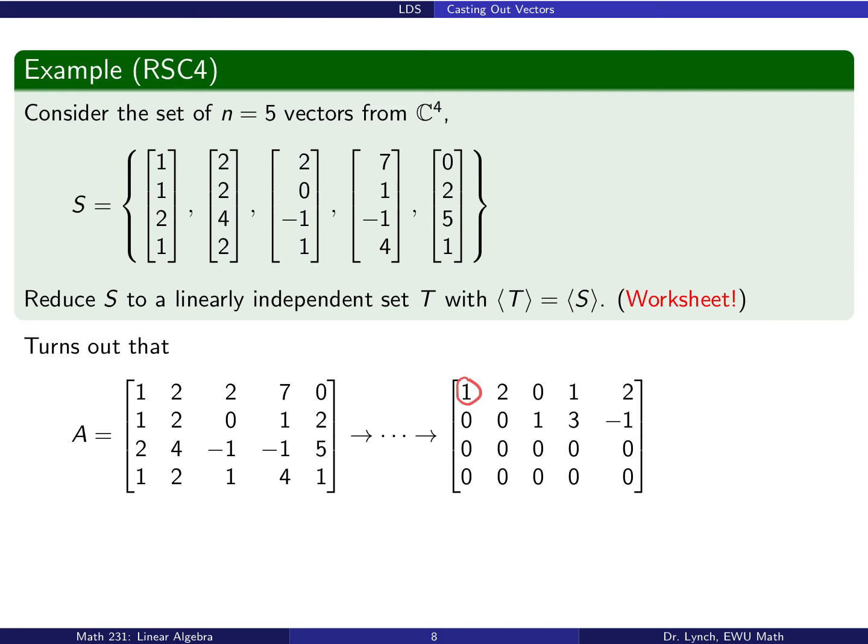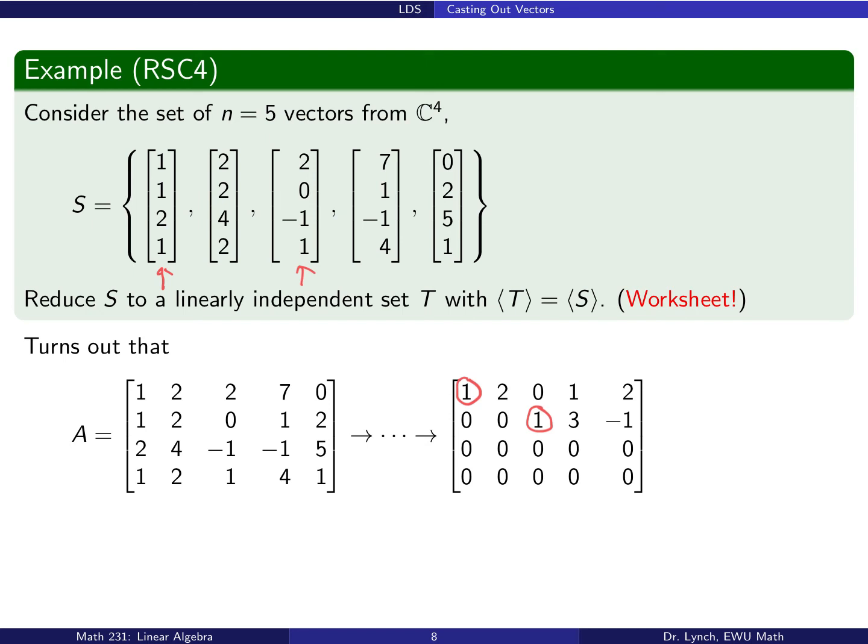We can see that the row-reduced echelon form has pivots in column 1 and column 3. So what we'll do here is keep vector 1 and vector 3 from the original set, and it turns out that those 2 vectors are linearly independent with the same span.